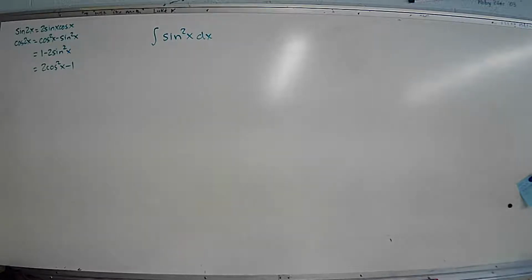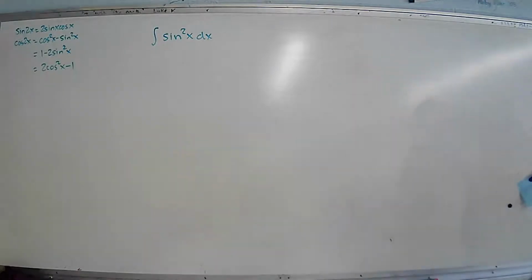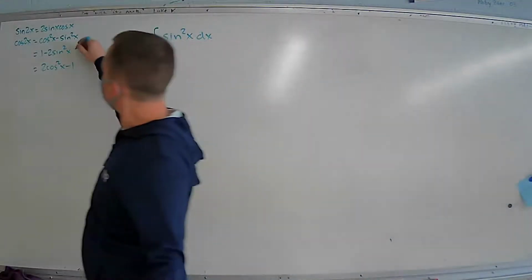right, so what I'm going to do is think about sine squared a little differently. Because 1 minus 2 sine squared equals cosine of 2x. So solve that for sine squared. What do you get when you solve this right here for sine squared?